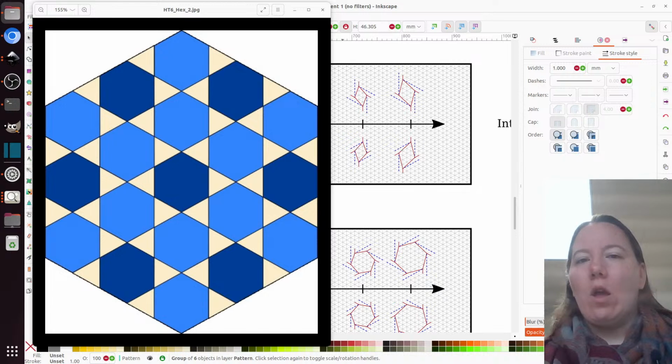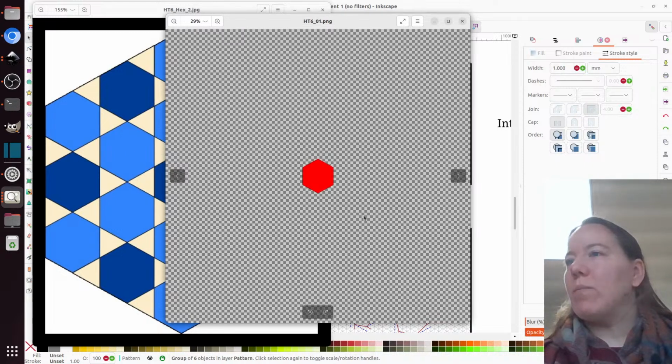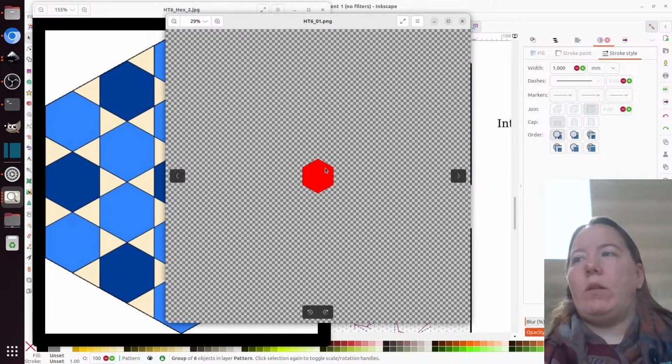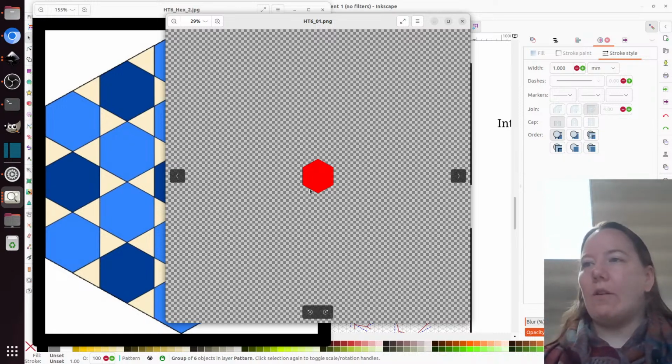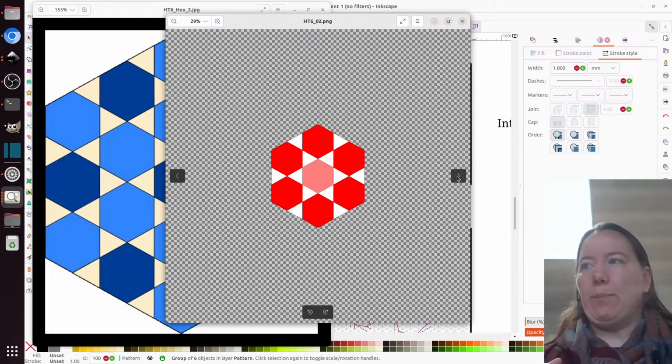And so you can go in and say, well, I want to have a hexagons and triangles pattern. And I'm going to start in the center. Let's say I have my grid on a hexagonal sheet of paper. I start with the hexagon in the center, and then I add on the next layer.